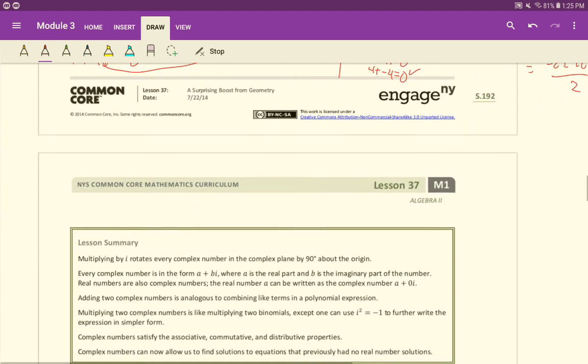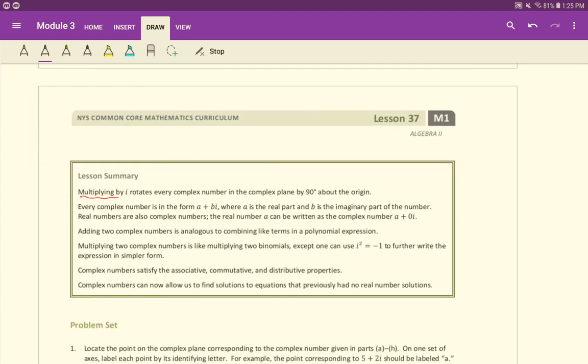Okay, so in summary here, multiplying by i, that's an interesting thing to say. Multiplying by i rotates every complex number in the complex plane by 90 degrees about the origin. We didn't really talk too much about that at all, so don't worry about that. Every complex number is in the form a plus bi, where a is the real part and b is the imaginary part of the number. Real numbers are complex numbers, like pi, 3, 10.